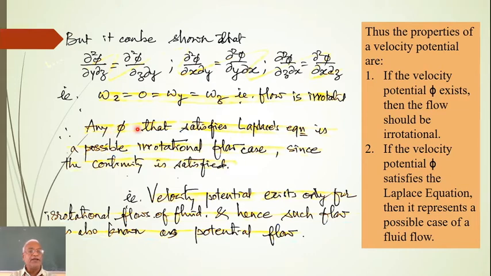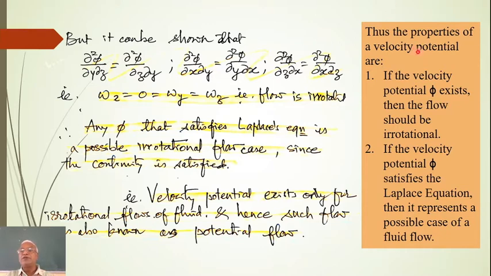That is, any phi that satisfies the Laplace equation is a possible irrotational flow case, since continuity is satisfied. That is, velocity potential exists only for irrotational flows of fluid, and hence such flow is also known as potential flow.